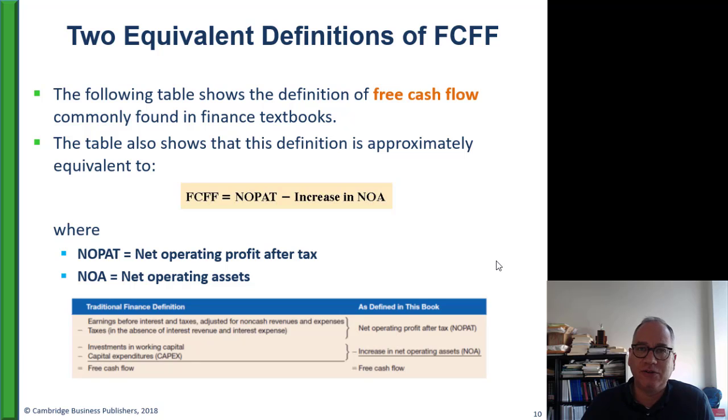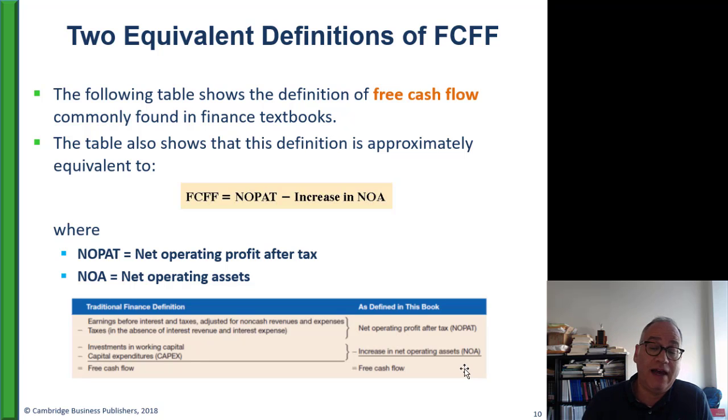I happen to like using the cash flow statement, but this book defines these in a slightly different way, which should give you mathematically an equivalent value, and that would be NOPAT minus the increase in net operating assets. And it's a parsimonious way of doing it. Parsimonious meaning simple and easy and cheap.